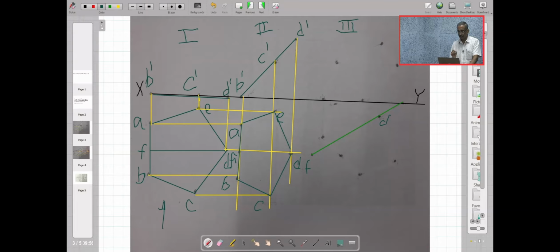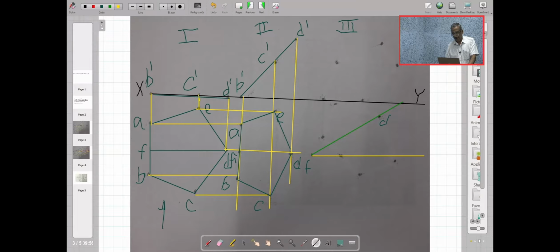Now I will draw a horizontal line through the point F. This line is also called the locus of the point F1. Then I know the apparent length. From stage 2, I take this length DF1.